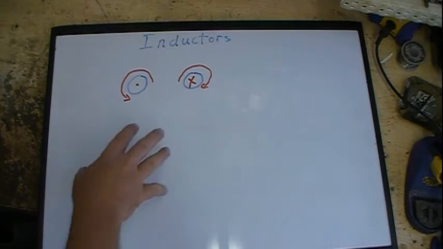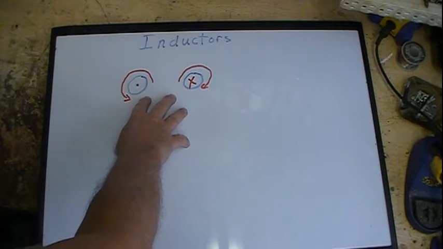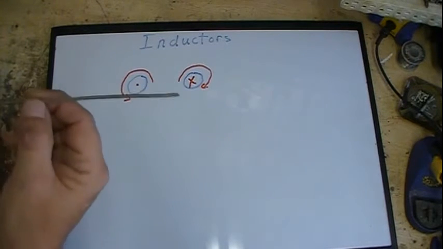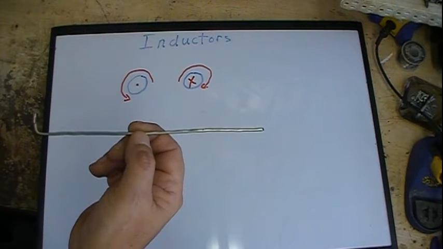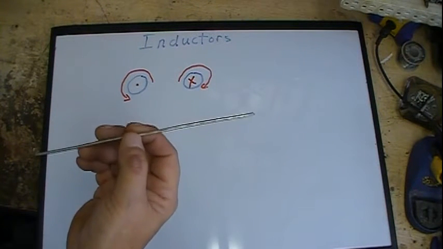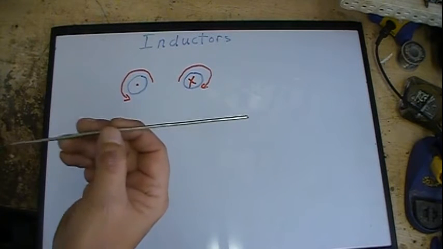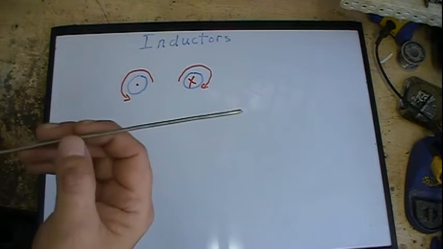But the big thing I want you to understand is that with a piece of wire hooked to any voltage source, DC in this case, anytime there's current, there's a magnetic field.